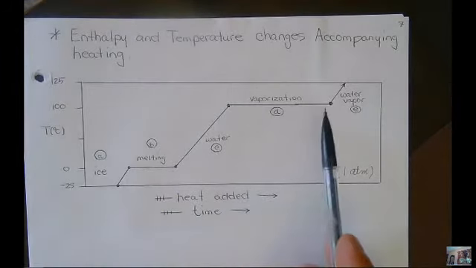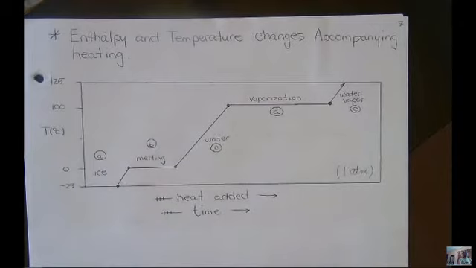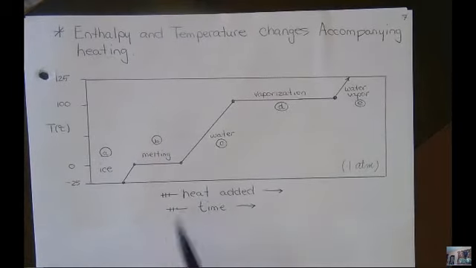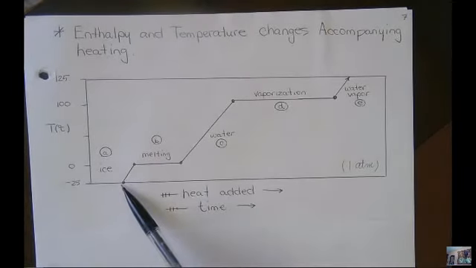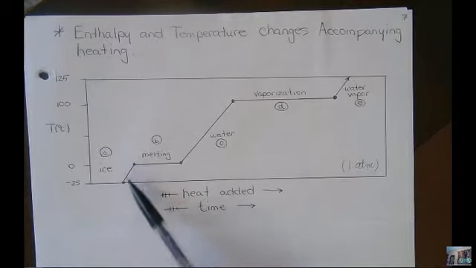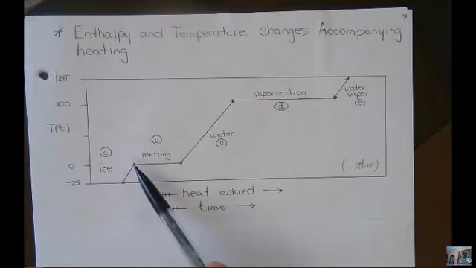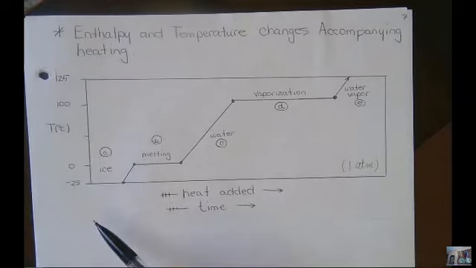So I'll always give you these at 1 atmosphere of pressure. Okay, all right, so first thing, I need to heat up the ice. Well, you see that has a slope, that's not a flat part. The temperature is changing while you're heating it up. That's going to involve the specific heat of ice, so we're going to have to look that up.